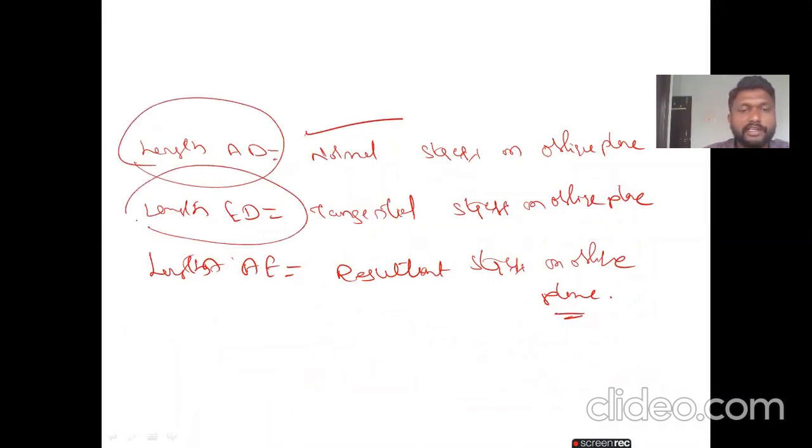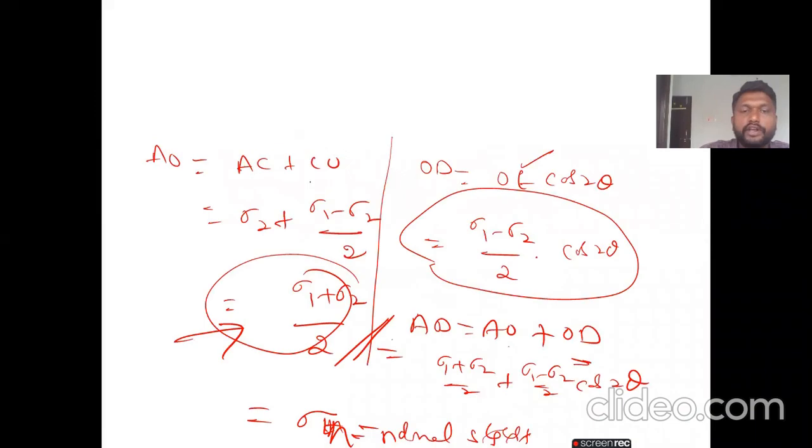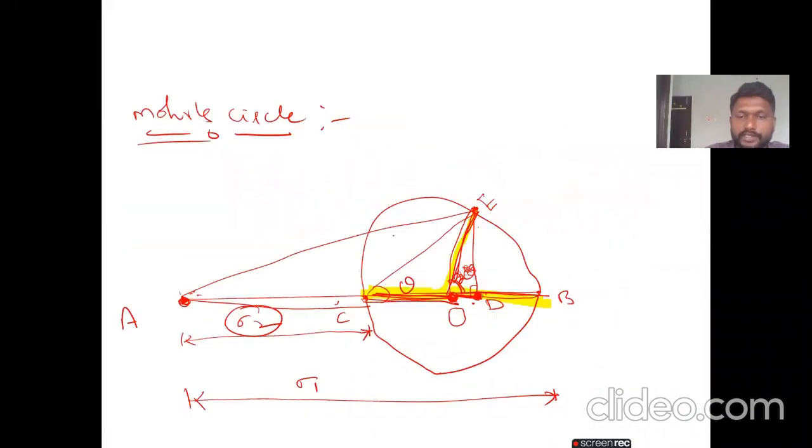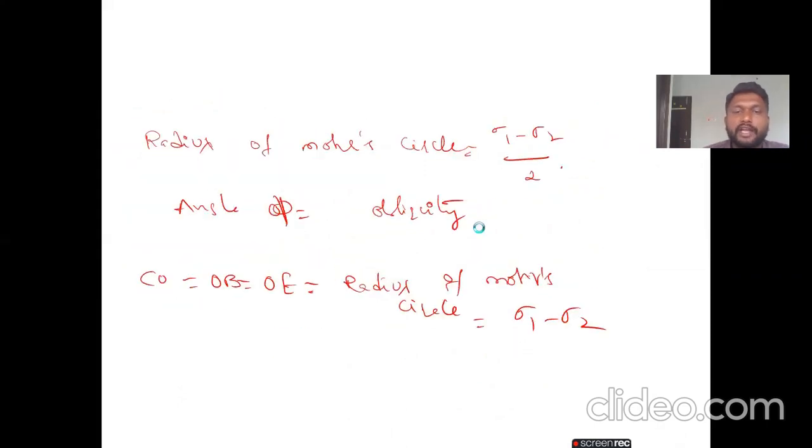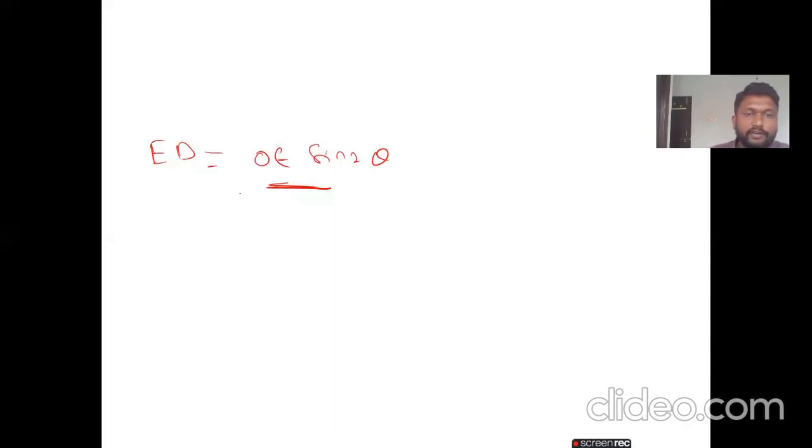Now we have to calculate the length ED. The next step: if I take ED equal to OE into sine 2 theta. How did we get this? If you go to the Mohr circle, sine 2 theta equals the opposite side ED by the hypotenuse OE. Then ED equals OE into sine 2 theta. Like that we have to calculate everything from the graph only.